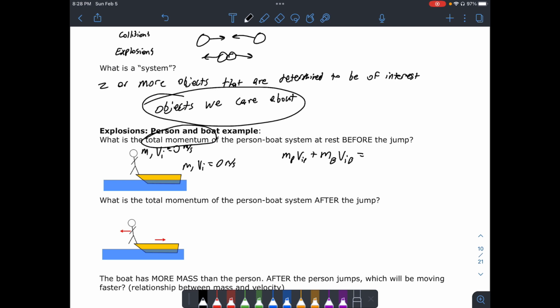And that is going to equal, obviously, our initial velocity of our person is 0, and our initial velocity of the boat is 0, so this is all going to add up to 0. All right, and that is our total momentum.